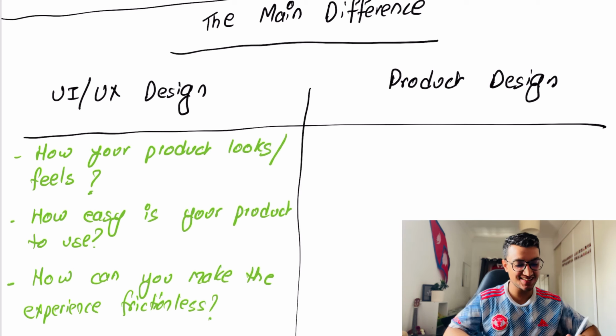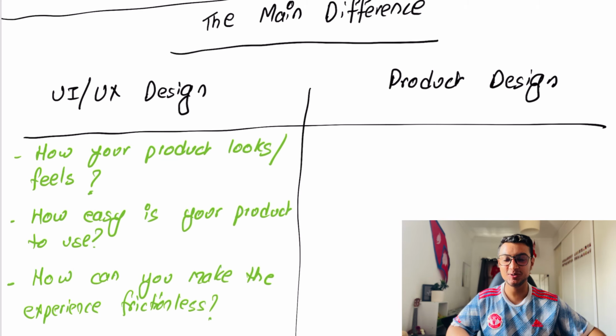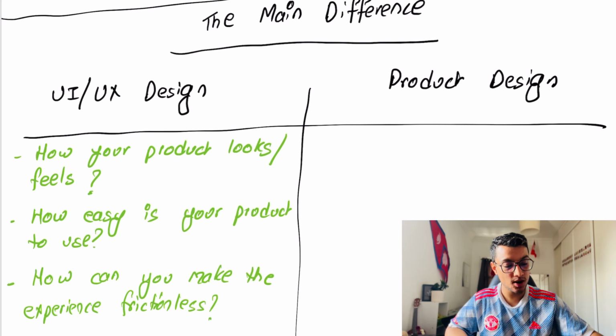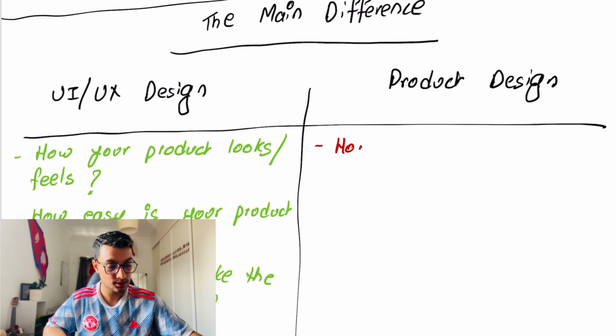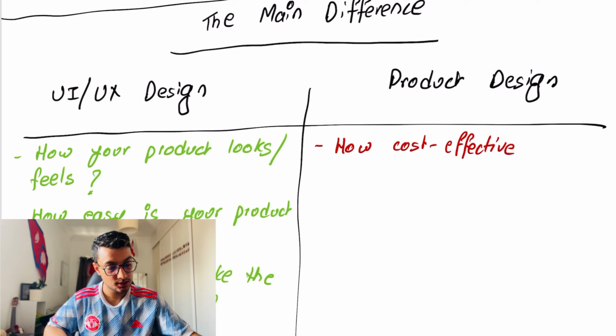So these are the things that UI UX designer, they do and they talk about and work on, whereas product designers, they talk about how cost effective is your product.